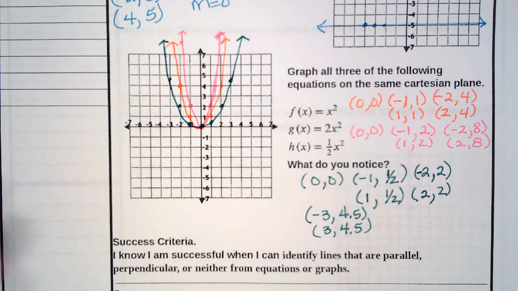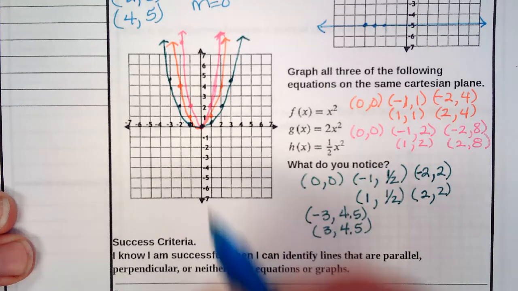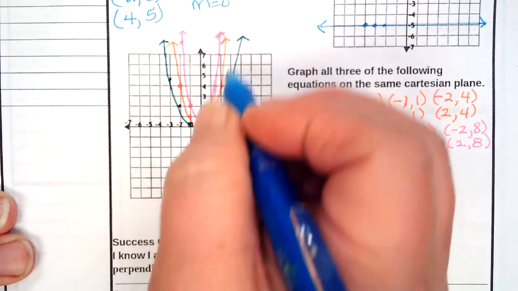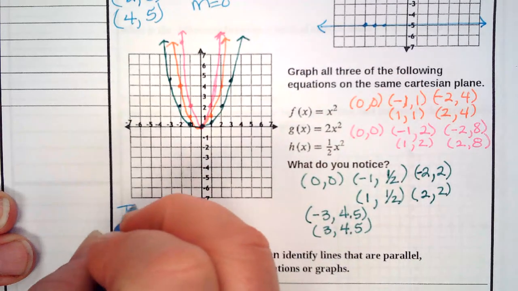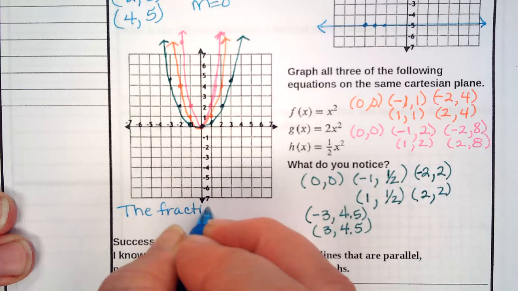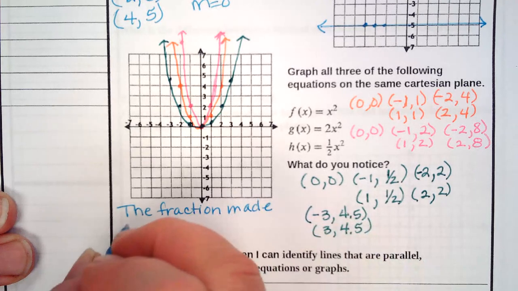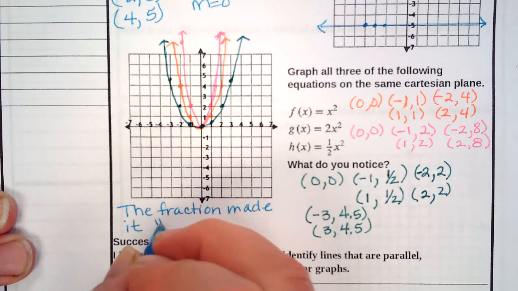The fraction made it get fatter. It did not go up as fast, so the fraction made it compressed. I'm going to call it fatter.